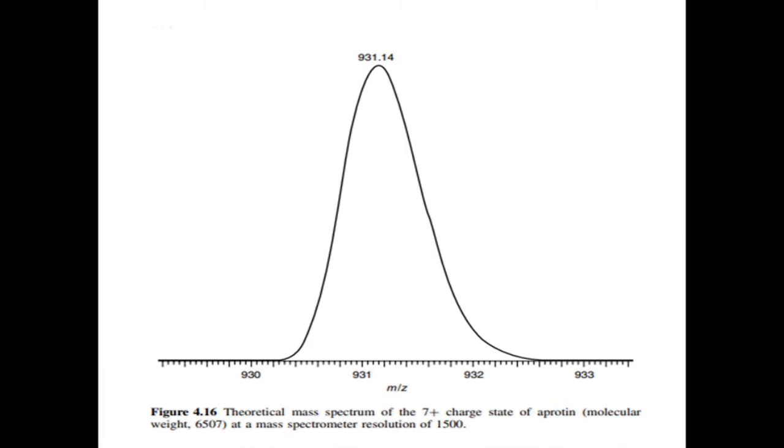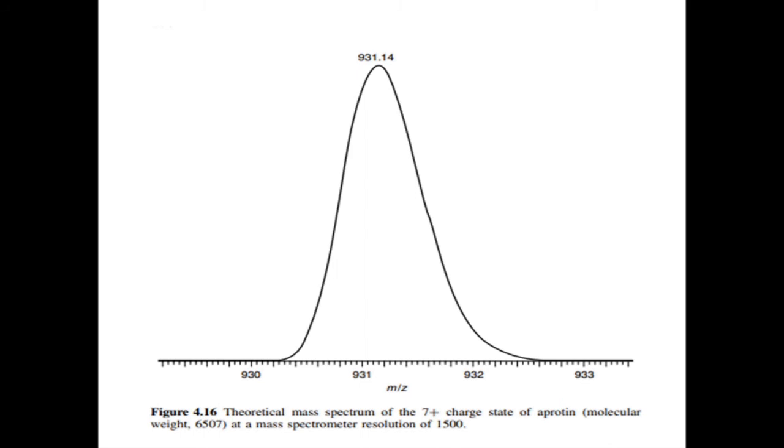This corresponds to the molecular weight calculated by using the average atomic weight of the element based on the abundance of all of the naturally occurring isotopes.